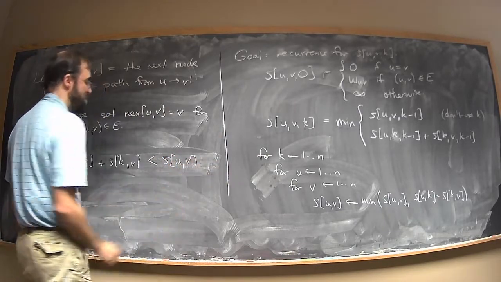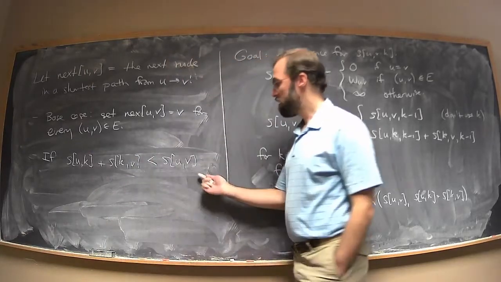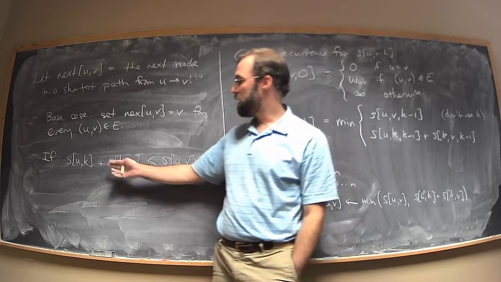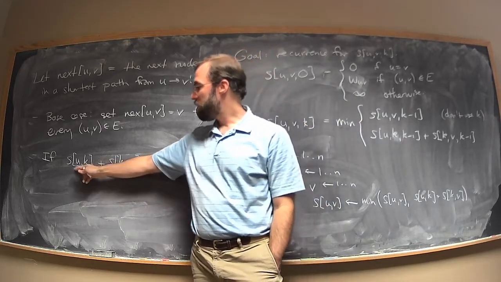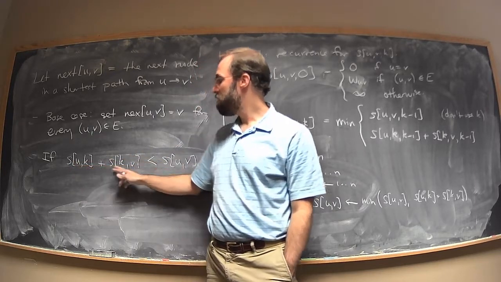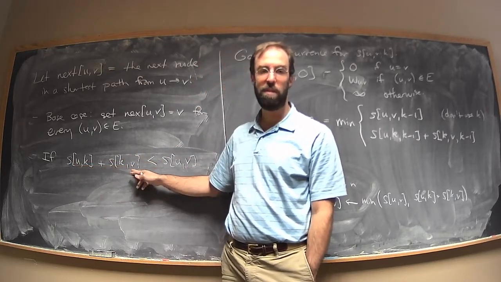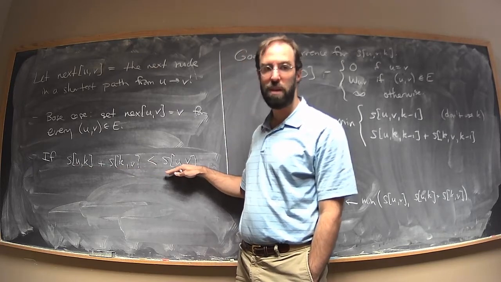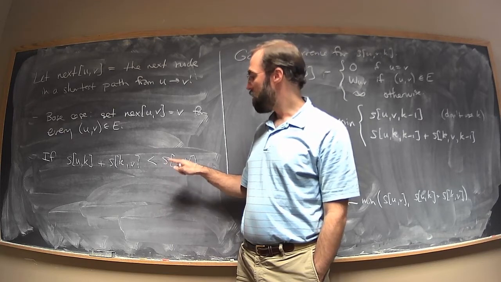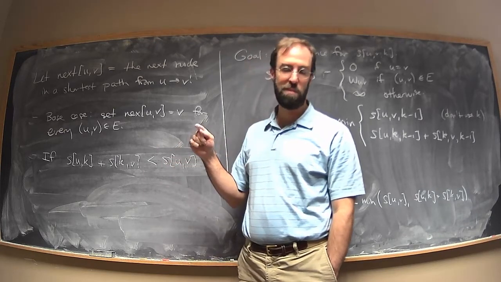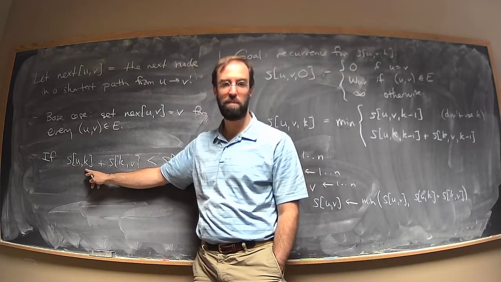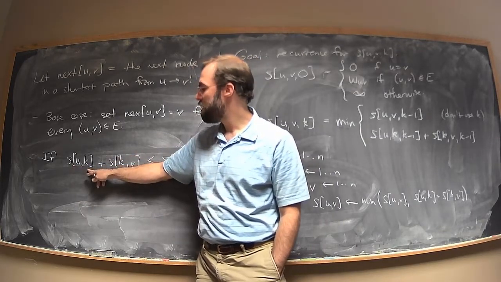Right, so this means this is the best path we knew of from U to V before, and then we just found out that, oh, actually it's shorter if I take a detour through K. So if I do the best path from U to K, followed by the best path from K to V, that gets me a better path from U to V. So all we need to do in this case is change next UV. Right now, the first step along the best path from U to V is whatever the first step is along the path from U to K. Because I'm going to start out by following this path, and then later I'm going to do this path.